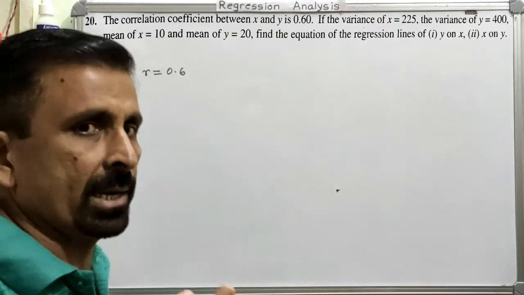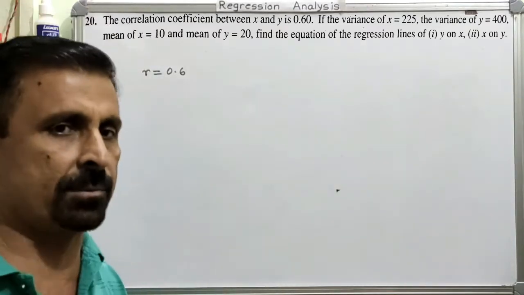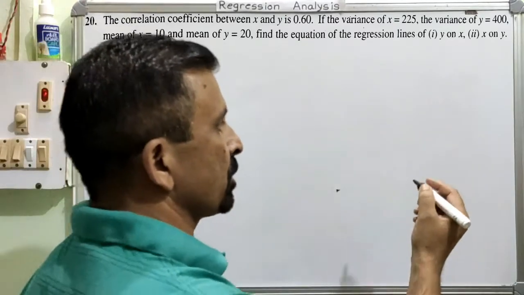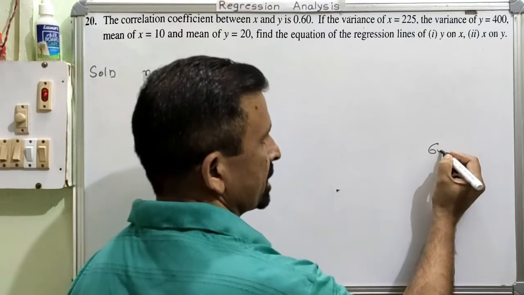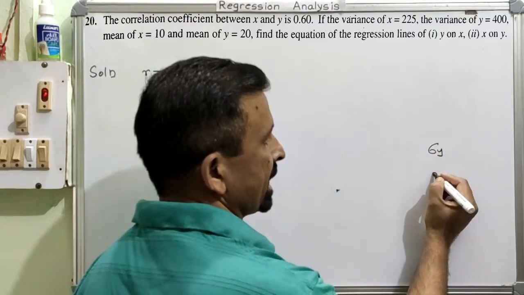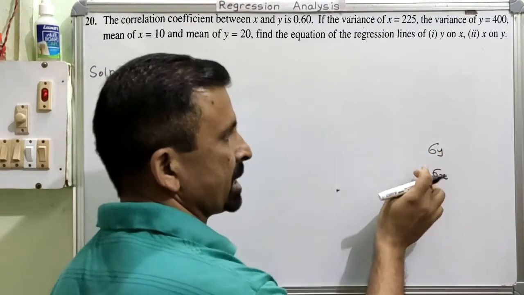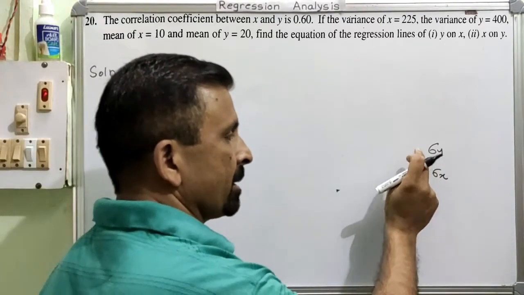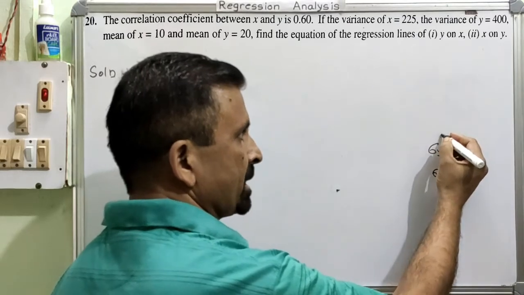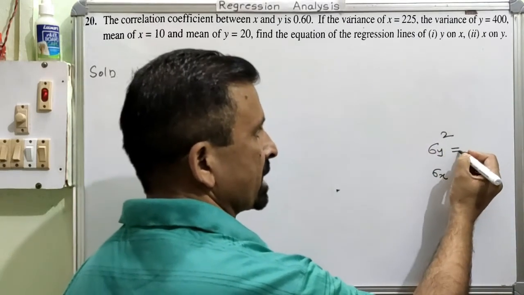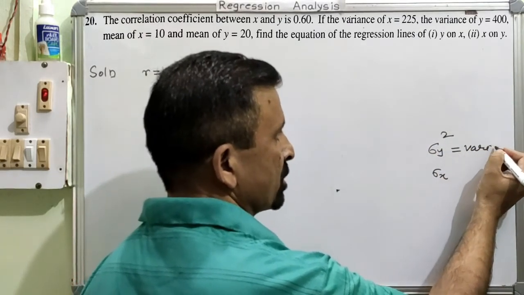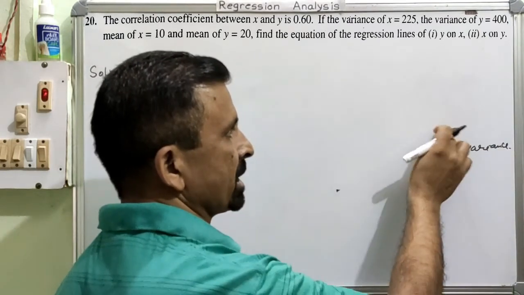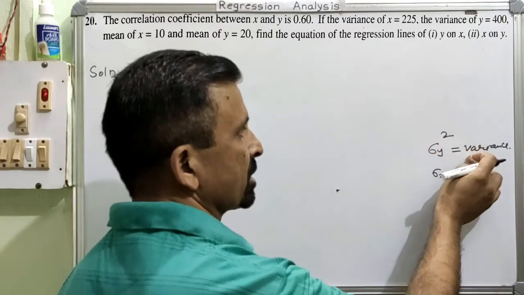Variance of x or variance of y. What is variance? In the previous video also, I talked a little bit about the variance. This is the standard deviation of y, and this is read as the standard deviation of x. This is the notation for a standard deviation. If you square the standard deviation, the new result is called the variance.